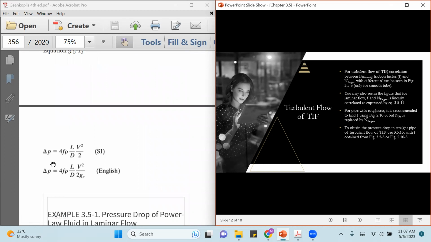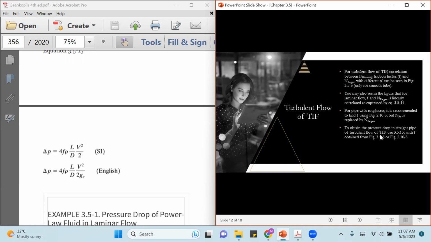So the same as the one in laminar, if you use the Fanning friction factor, then you can use the same delta P equation to find the pressure drop. Now the F value, you can find it using figure 3 in chapter 3 or figure 3 in chapter 2.